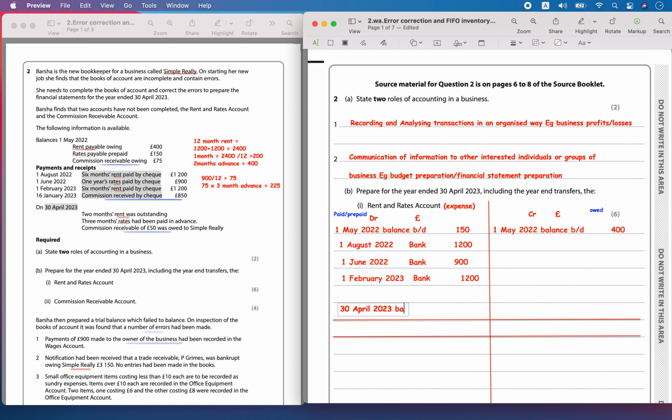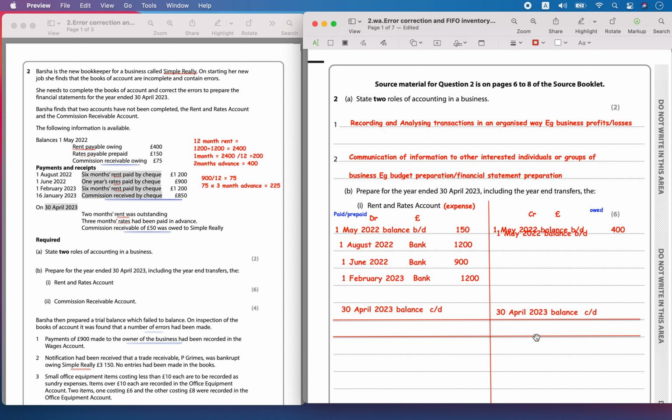So the balance carried down adjustment has to be made on 30th April they have given.